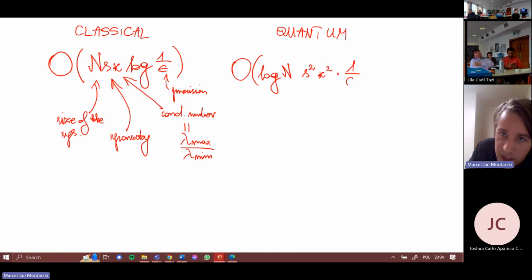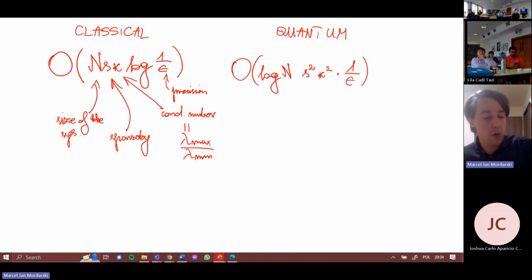And also the complexity on precision deteriorates logarithmically. There are a few improvements to this algorithm that give advantage for certain of these parameters. For example, there is a formulation that works for dense matrices that is completely independent of S. But today we will not be covering it because I guess we don't have time, but there are certain improvements.